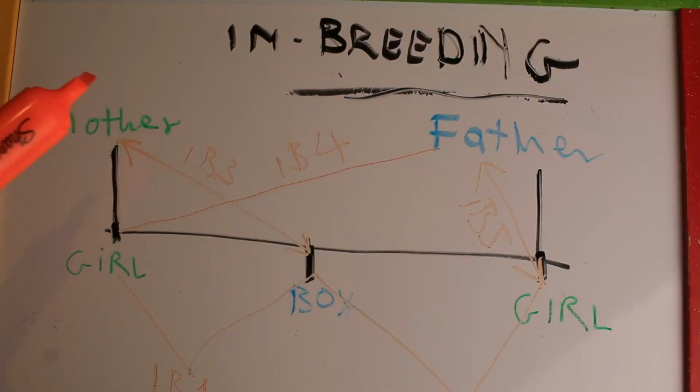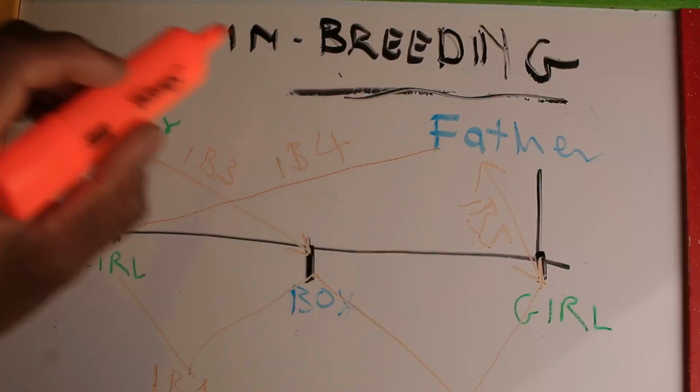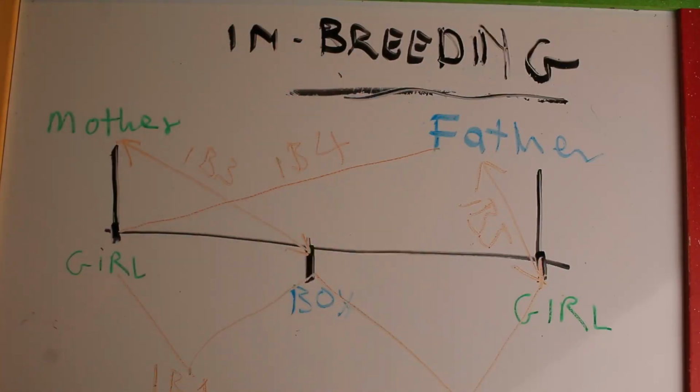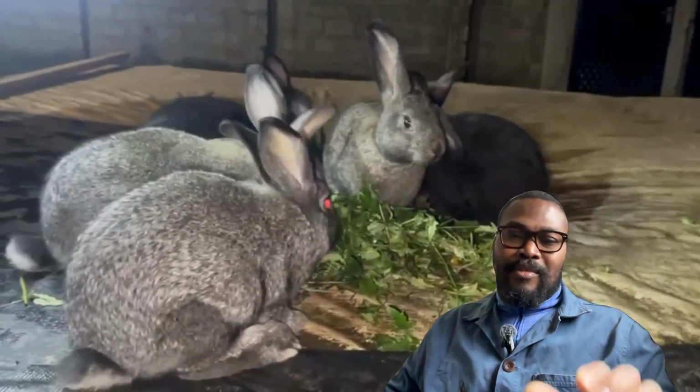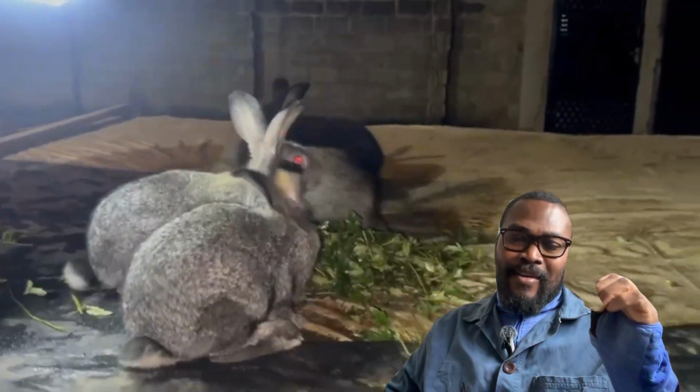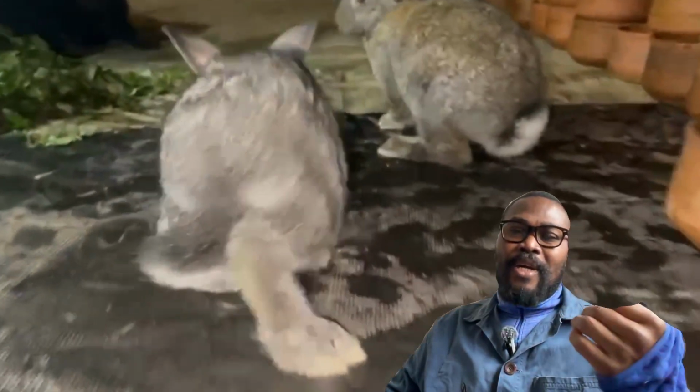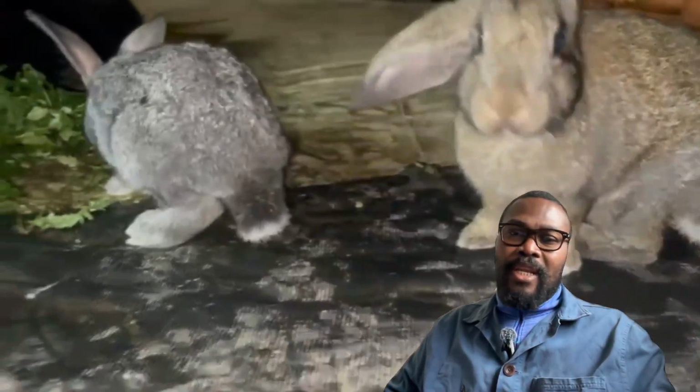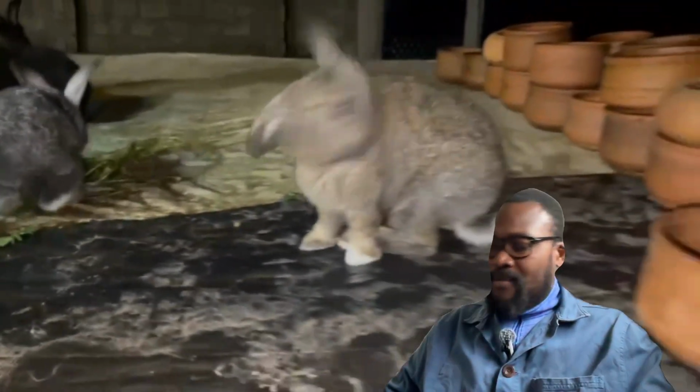But this is the easiest form of inbreeding that you can practice in your farm. I hope the demonstration makes it easy for you to understand what inbreeding is in the simplest form.